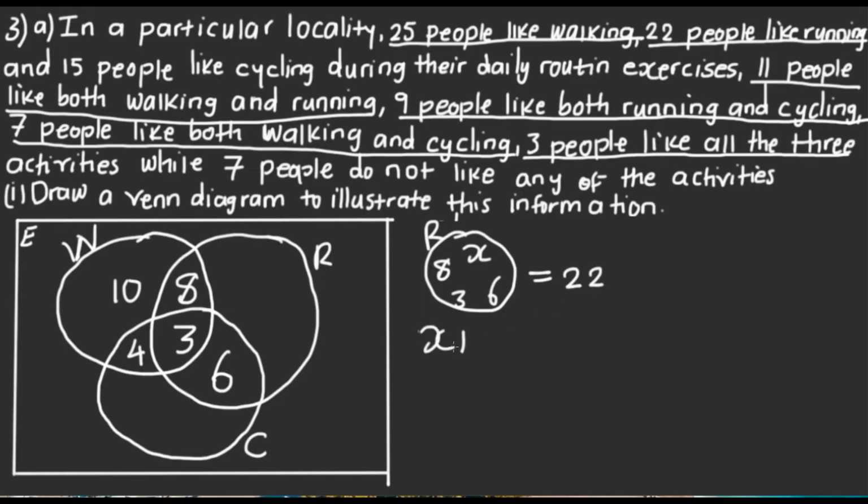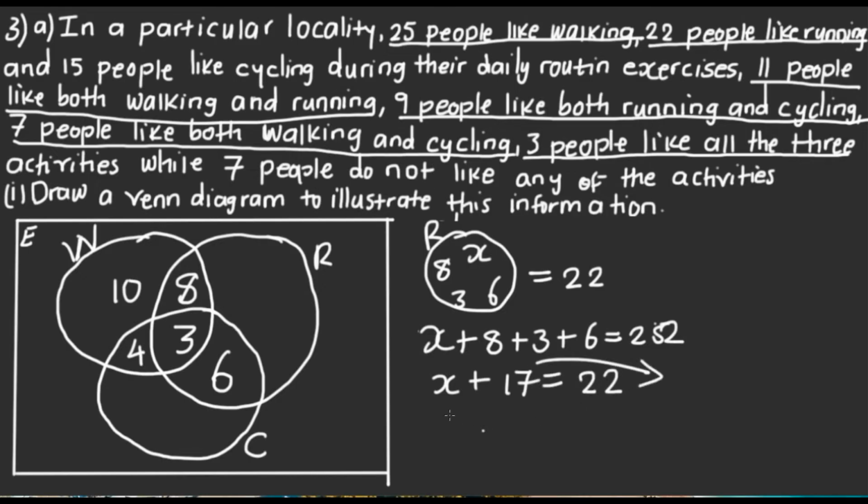So I'm going to say x plus 8 plus 3 plus 6 is equal to 22. Then x plus 8 plus 3 is 11, plus 6 is 17, is equal to 22. We shift this number to the other side. 22 minus 17. So x is equal to 5. So that's our value here.